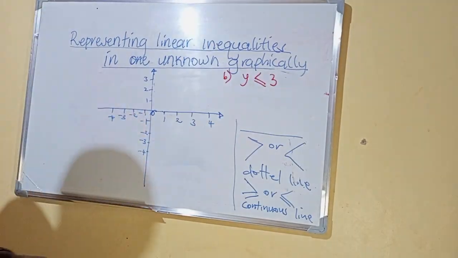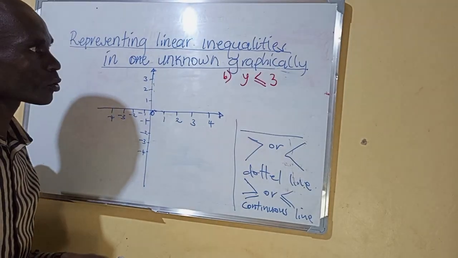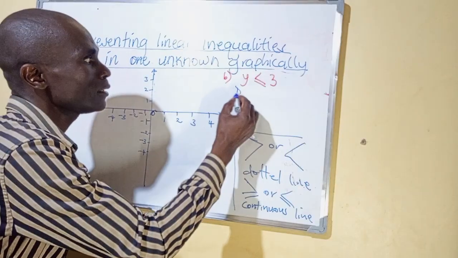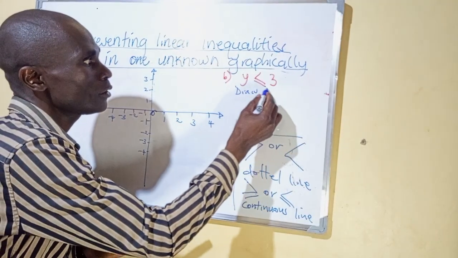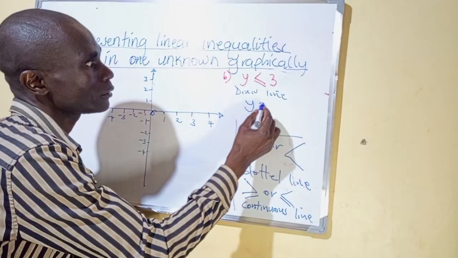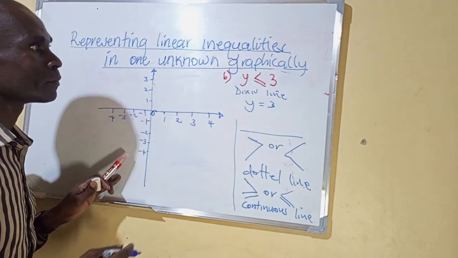What do we do? We are supposed to know, first of all, the line that we shall draw. The line that we have to draw here is the line y equals 3. That is the line that you will draw.